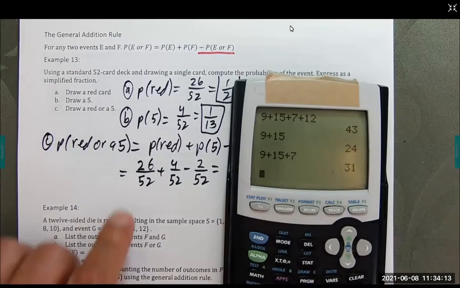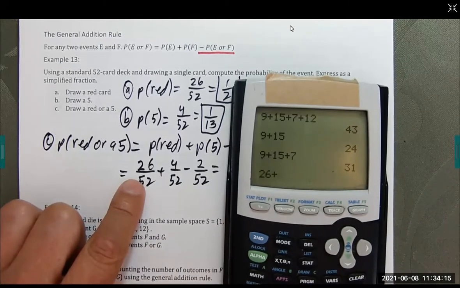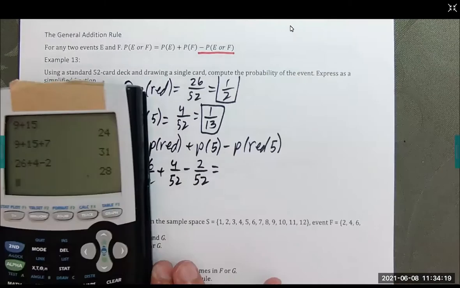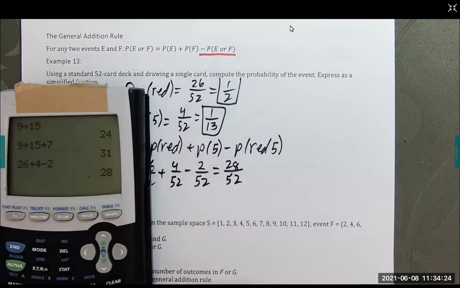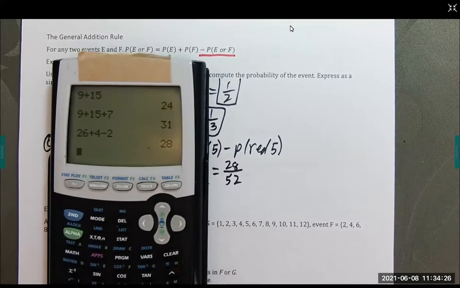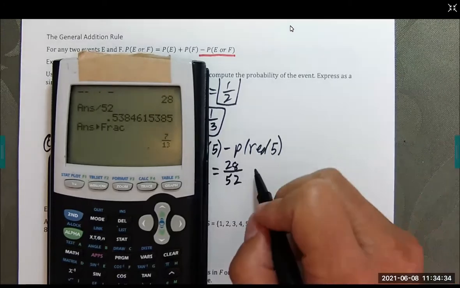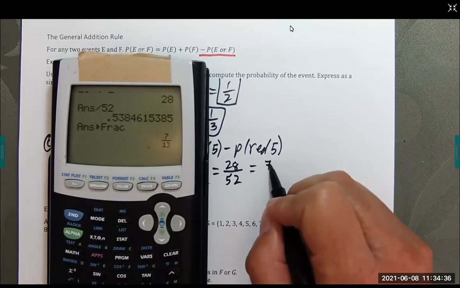So 26 plus 4 minus 2 gives me 28 out of 52. And to show you how we can reduce that as a fraction, I can get a decimal and then I hit math and convert it to a fraction. 7 out of 13.